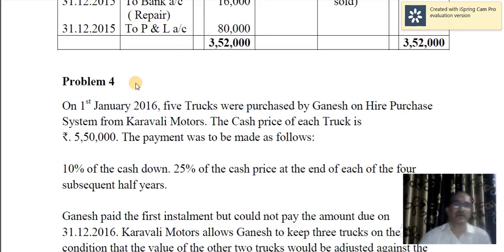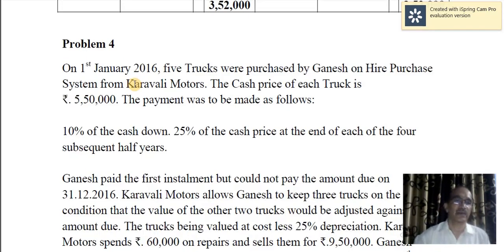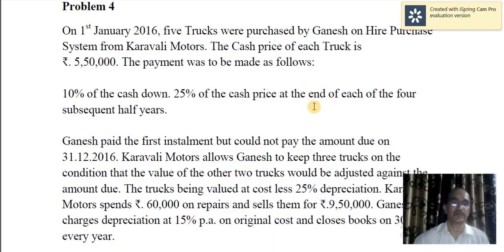We'll move on to the next problem, problem number 4. Here, on 1st January 2016, 5 trucks were purchased by Ganesh on hire purchase system from Karavali Motors. Okay, cash price of each truck is 5,50,000. The payment was to be made as follows: 10% of the cash down.